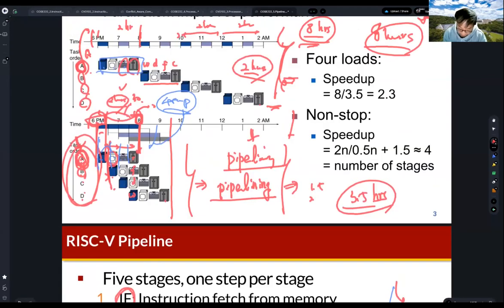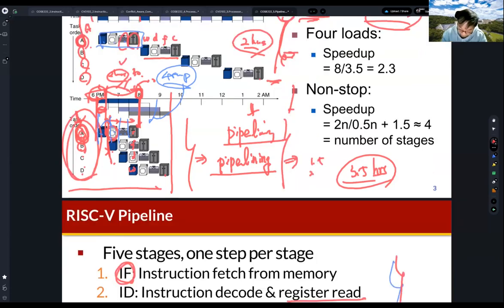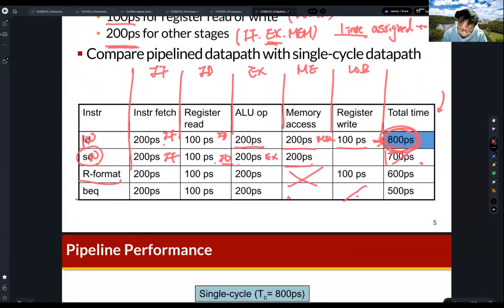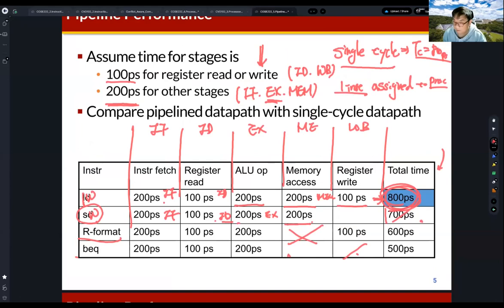If we think about the pipelining idea, every instruction can be assigned according to the duration of each step. What is the longest delay of the pipelining stage?